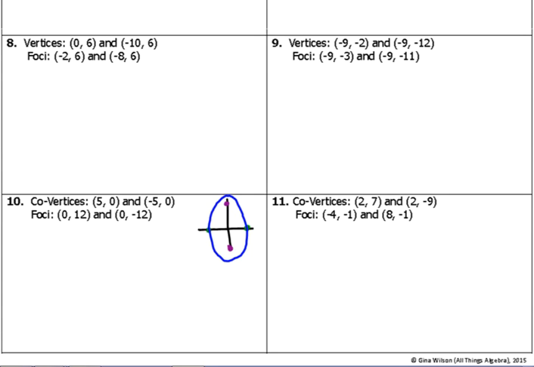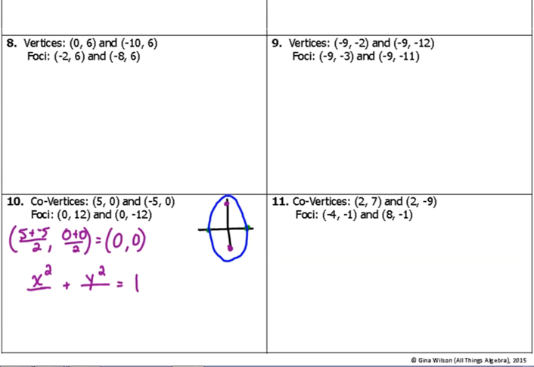All right, so we need to find our center. To find the center, we do the midpoint of the co-vertices. So 5 plus -5 divided by 2, 0 plus 0 divided by 2. It's kind of obvious that the center is the origin, 0, 0. So that makes our equation pretty simple. X squared plus y squared.